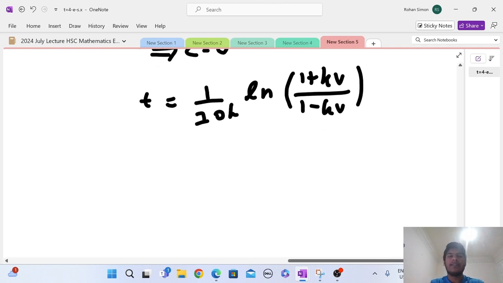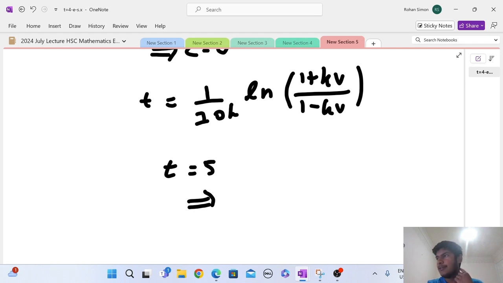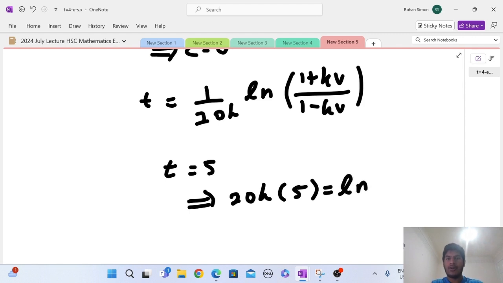So at t equals 5, we can sub in our t as well, and we can bring the 20k up, so we get 20k times 5 equals ln((1 plus kv)/(1 minus kv)).